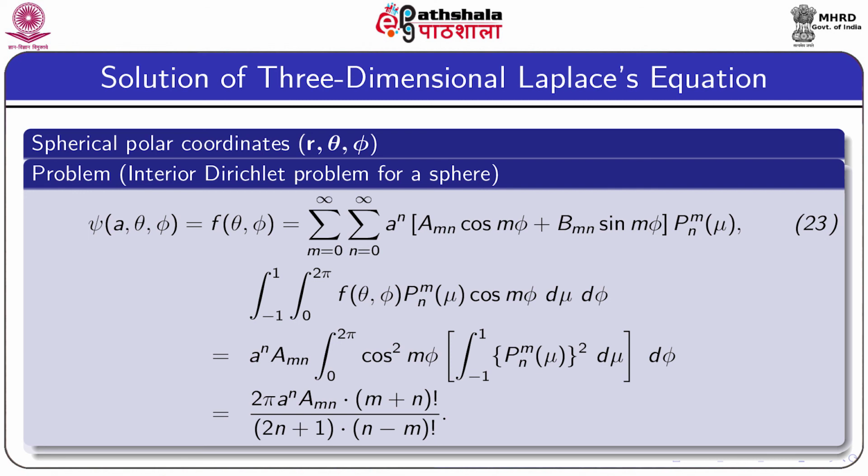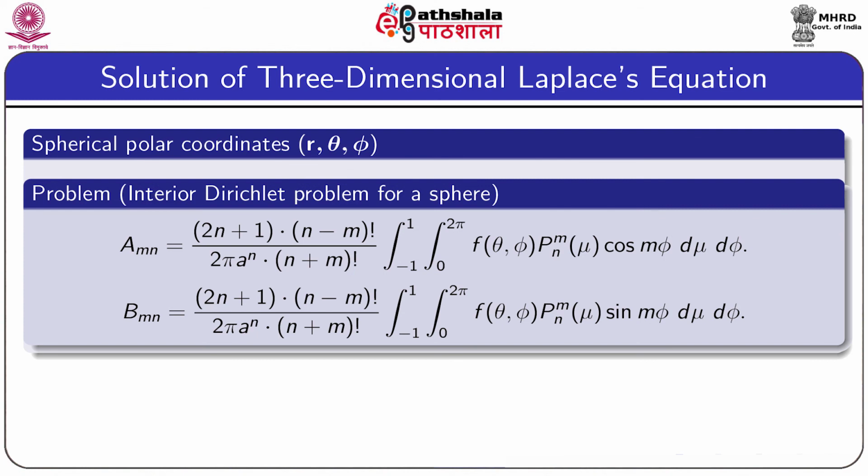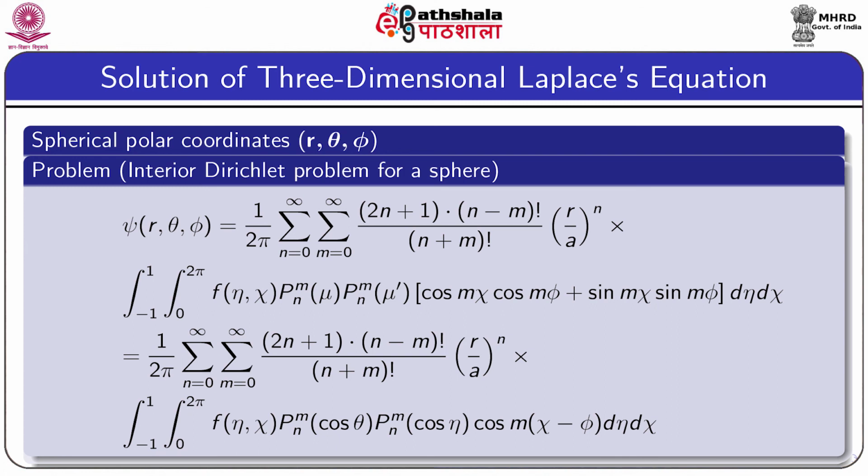Similarly, to obtain the value of B m n, we need to multiply both sides with the expression sin m phi and P n m mu. So, that will give the expression for B m n, which is written here. So, we can obtain both A m n and B m n in this way.